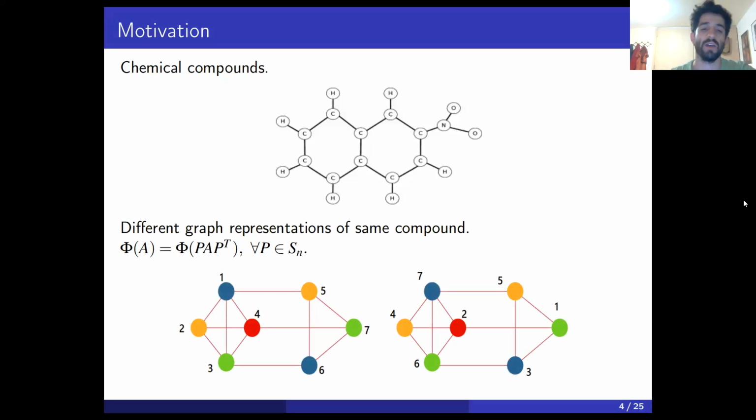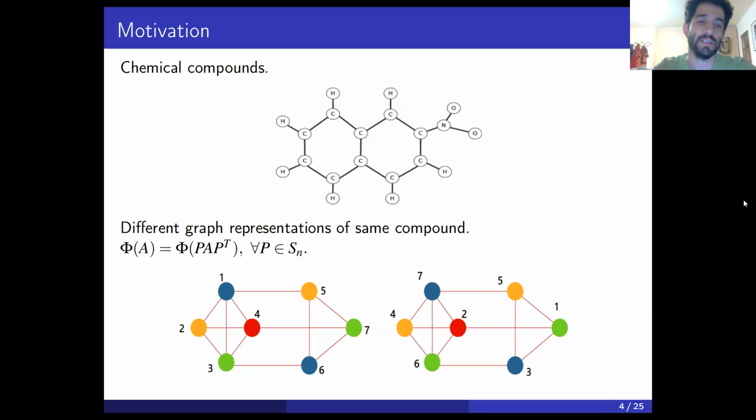For example, here we have these two graphs whose adjacency matrices will be completely different because I have relabeled every node. But as you can see, it's exactly the same molecule, the same chemical compound. So we want to give exactly the same result.